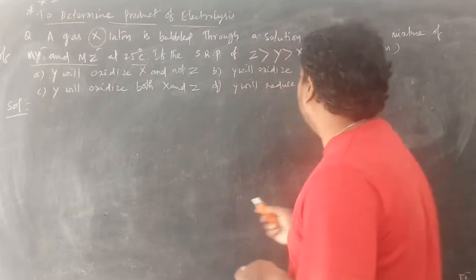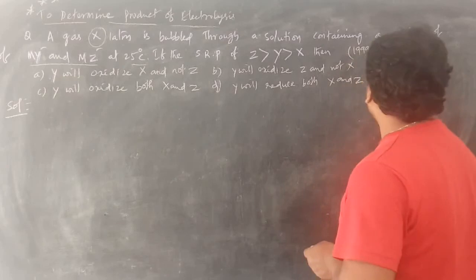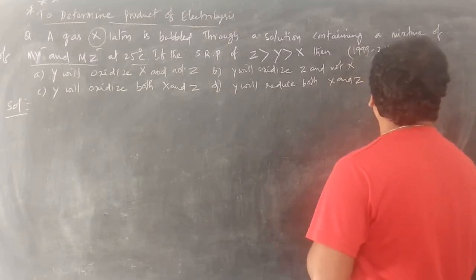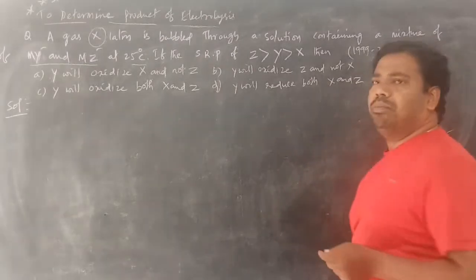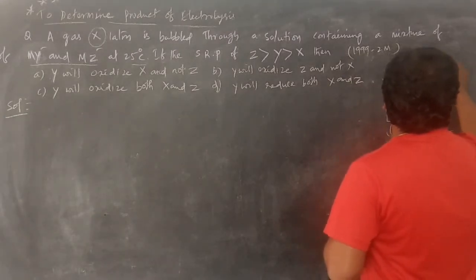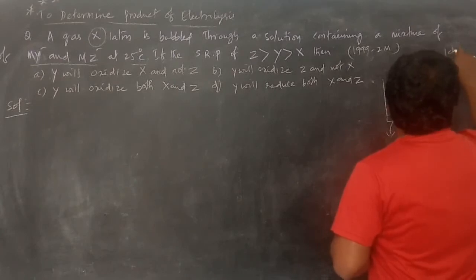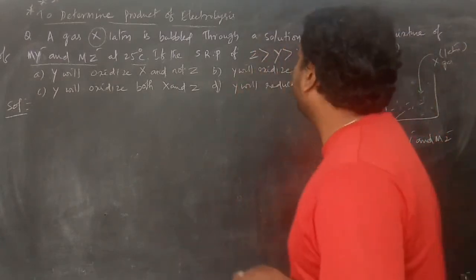So here, in an electrolytic cell, there is a mixture of solutions, that is M_y minus and M_z minus. Again we are taking X gas bubbling at 1 atmosphere pressure.